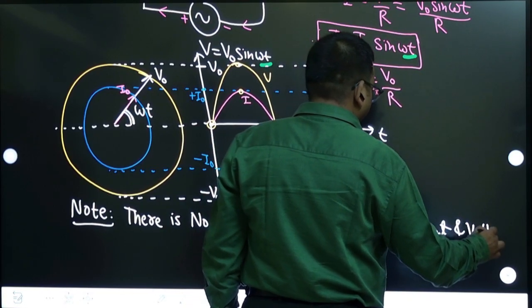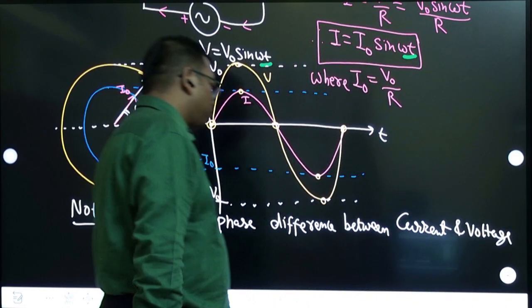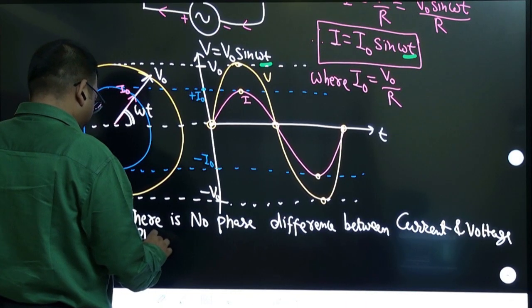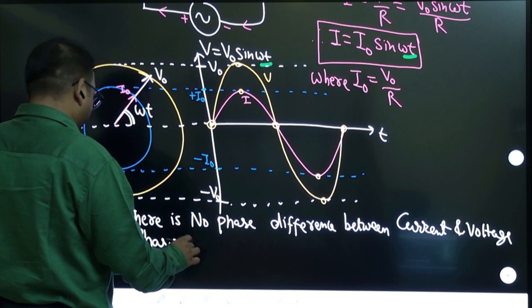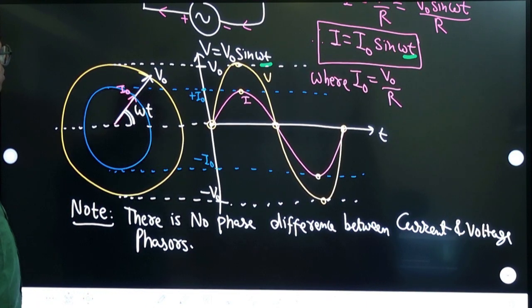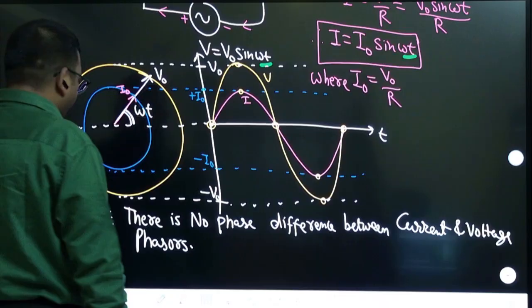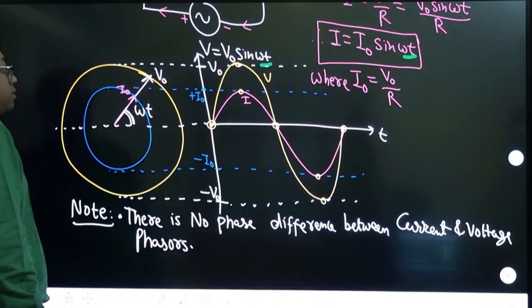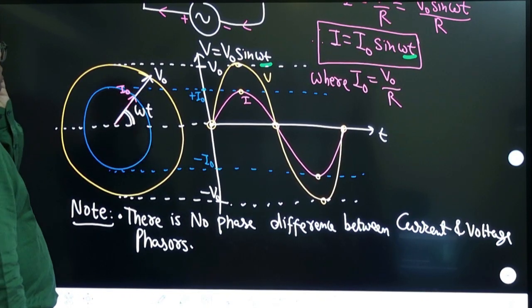There is no phase difference between the current and voltage phasors. They are always rotating together.